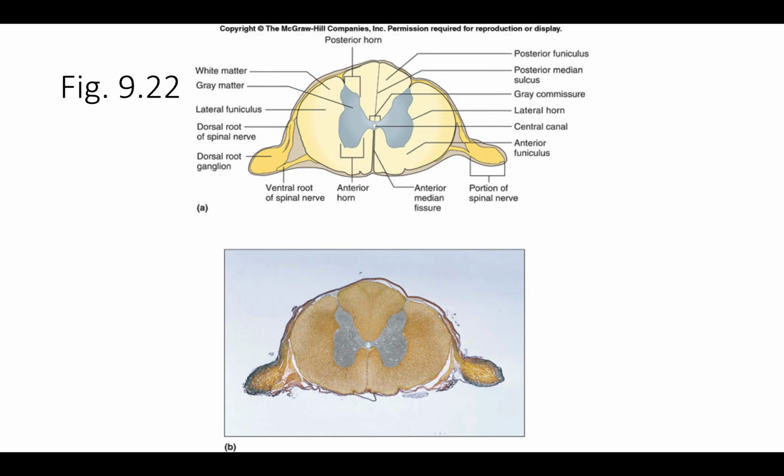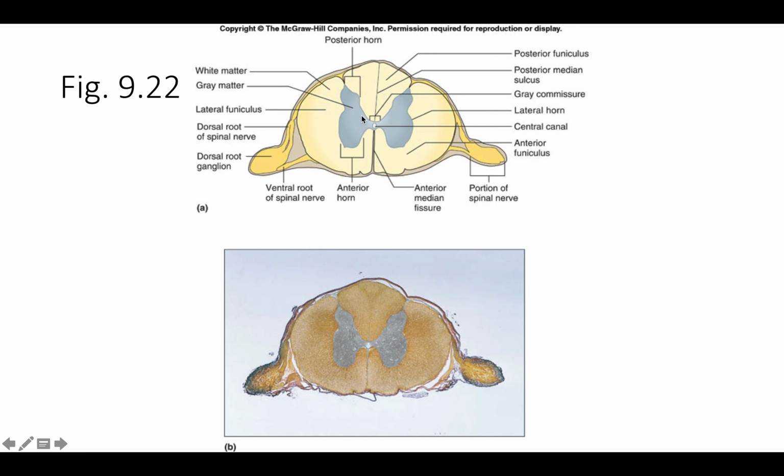Okay, then they splinter off in this area right here. And so what happens is when they splinter off, the sensory all go here, and that is the root. This is the ganglion right here. You can see the dorsal ganglion right here. That is where the sensory cell bodies are, and they all go in to the dorsal gray horn or the posterior gray horn.